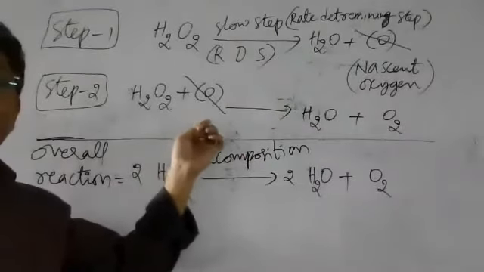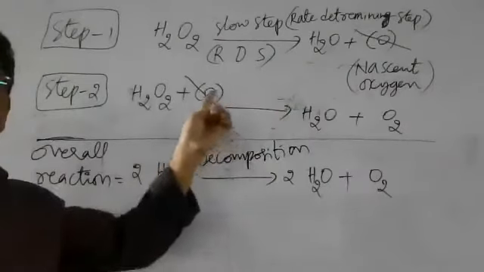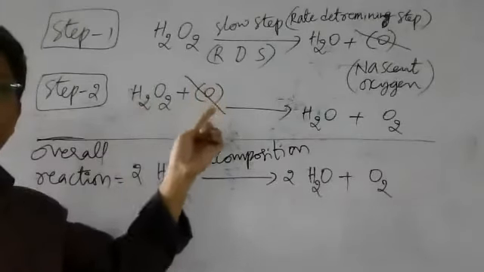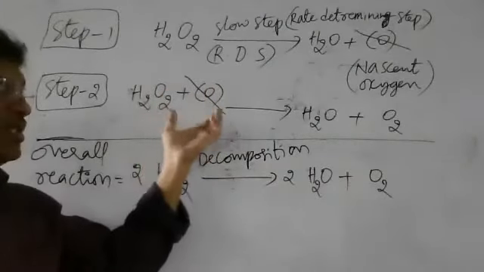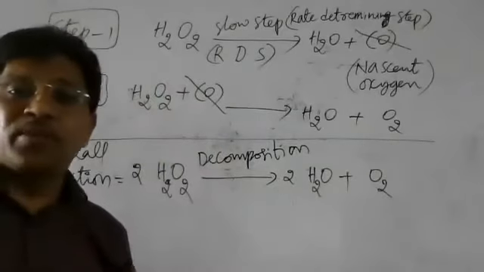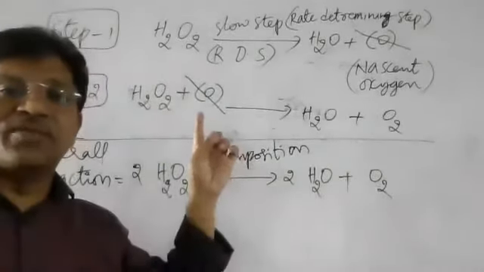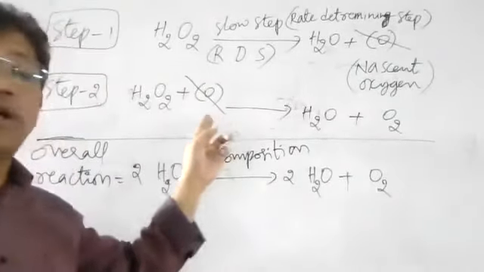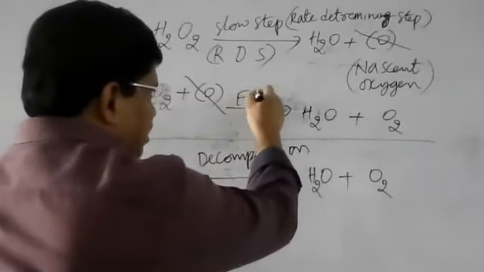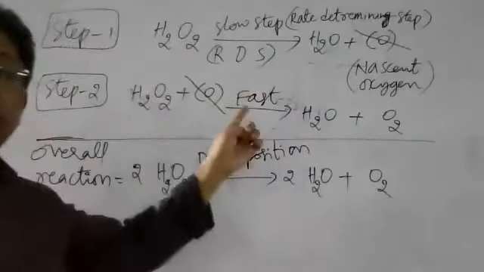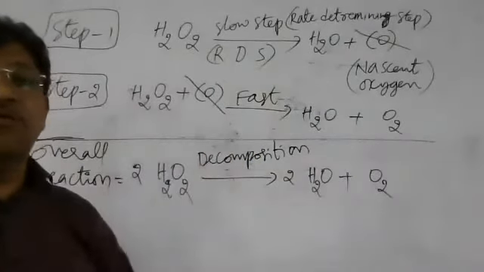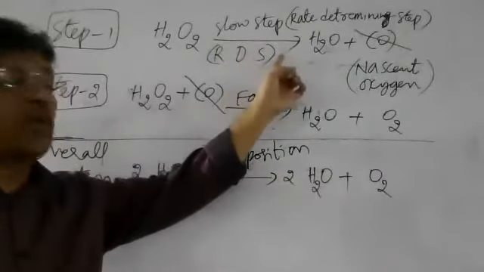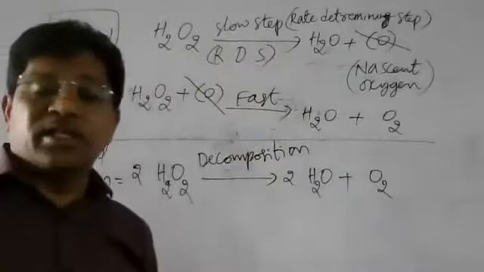In the second step, highly reactive nascent oxygen is attacking H2O2. Whenever a highly reactive, unstable species attacks another species, it should be a fast step. So step two is the fast step, and step one, the slow step, is the RDS.